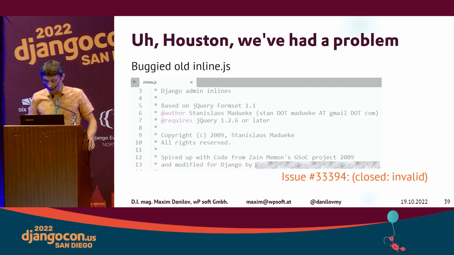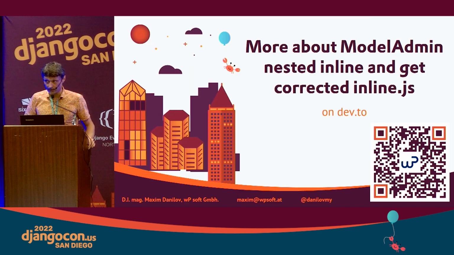And also you can say, Max, you criticize too much, you do nothing for community. No. At first, I wrote an article how nested inline works, and second, we published inline.js, which works for the whole line of Django from Django 1.4 till last Django, and we have corrected this bug. And also in this article, you can understand how nested inline works.